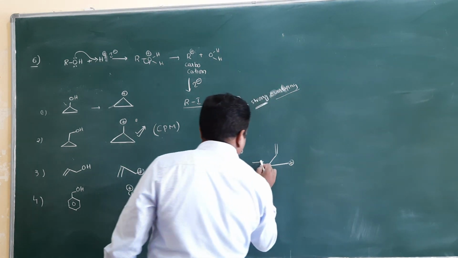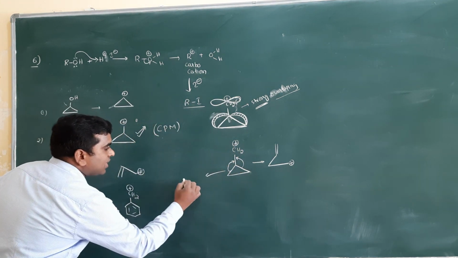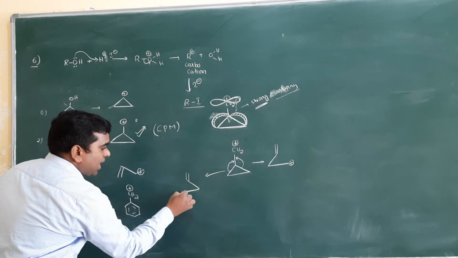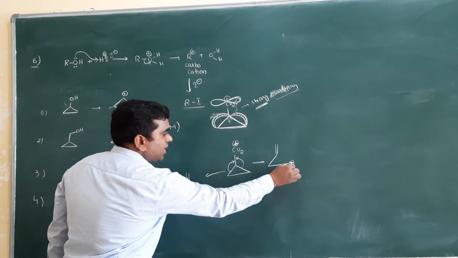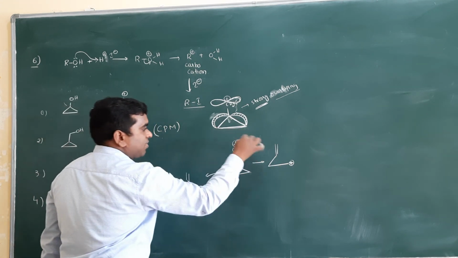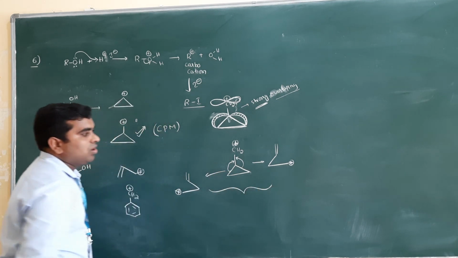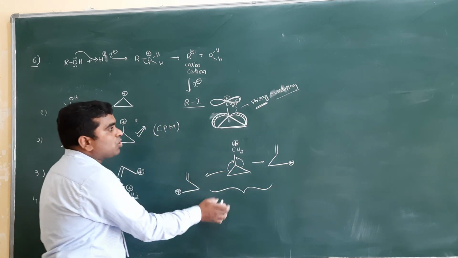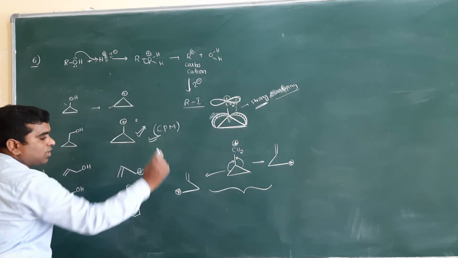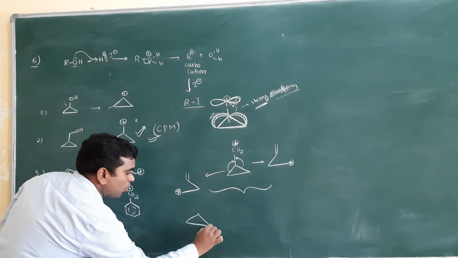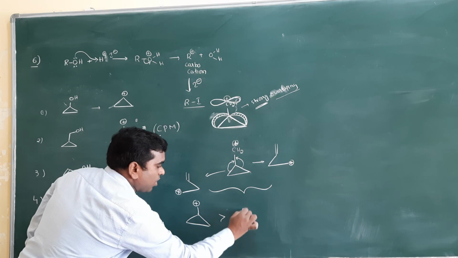Now another chance is there: this other bond may also go here to make a double bond. Then you get a double bond and a positive charge here. Clear? The previous positive charge was here, now it is here and here. It is dancing from this position to this and this position to this. So it is more stable, and this is the reason. That's why the cyclopropyl methyl carbocation is most stable, even compared to the benzyl carbocation.